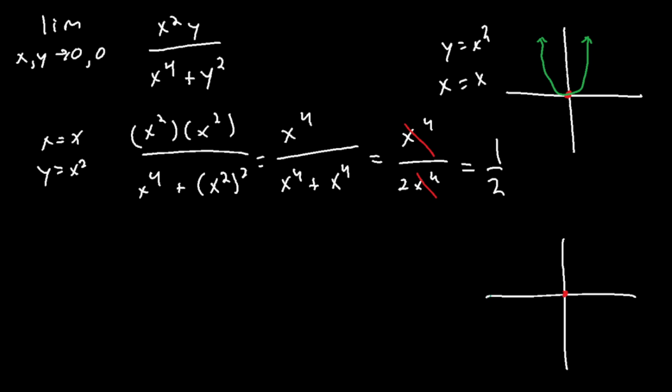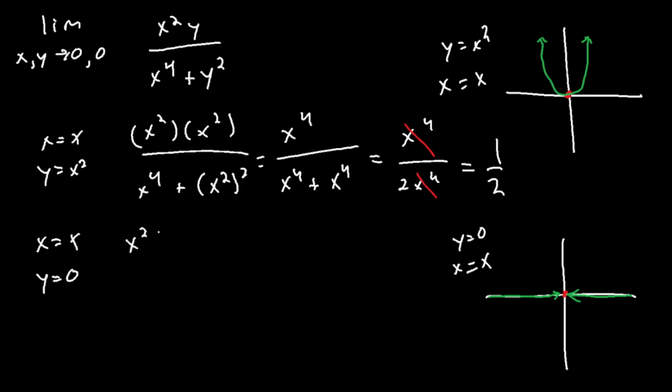What if we approach along, I don't know, the x-axis? Well, for the x-axis, y is equal to 0, and x just varies along this graph. So if you plug these values in, y is equal to 0, x is equal to x, sorry.